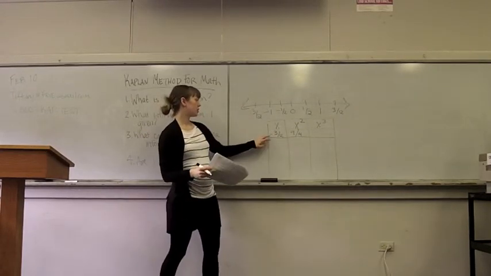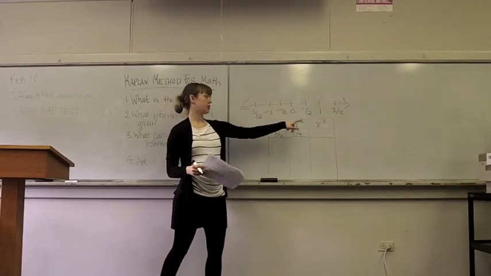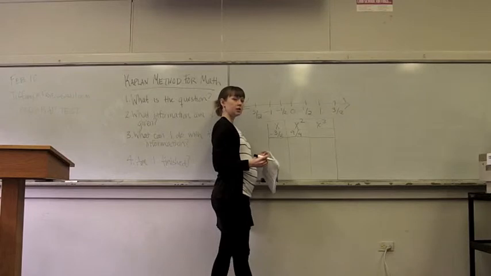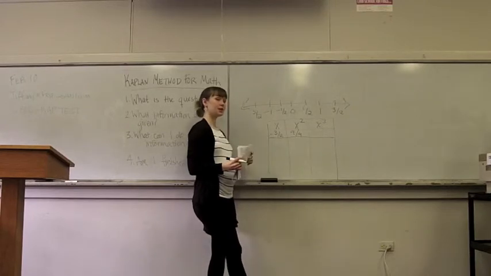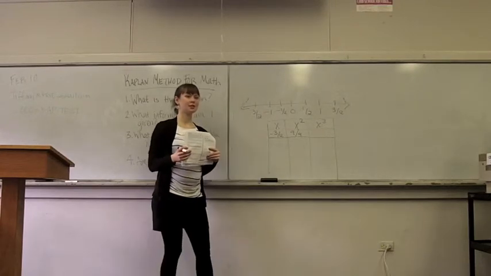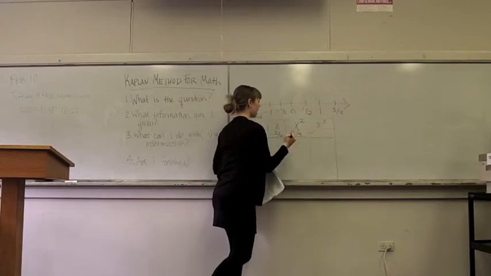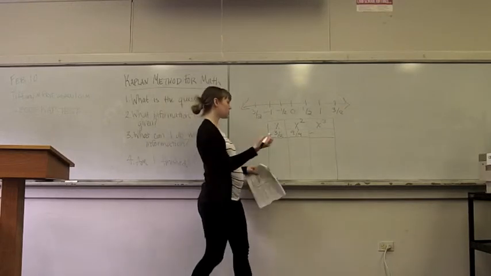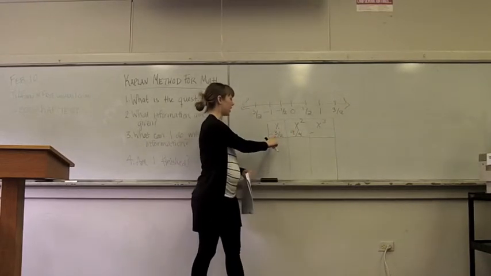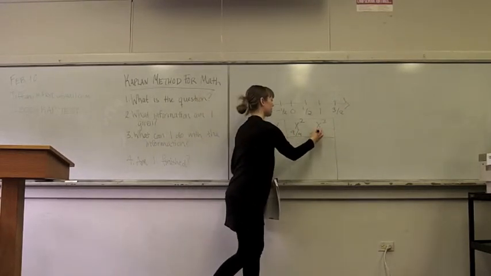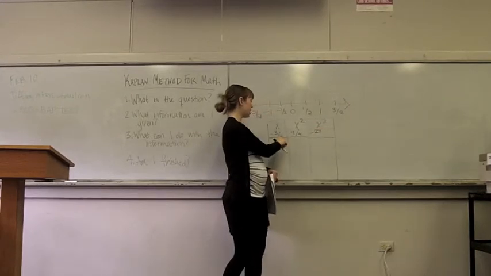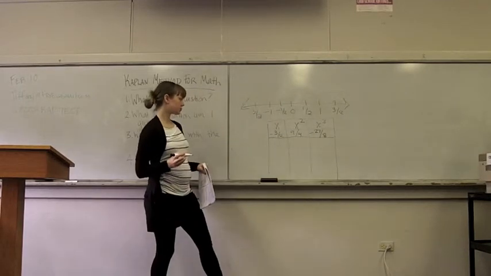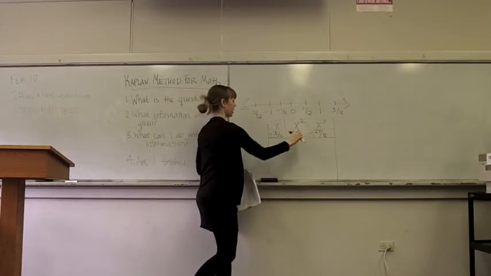Sarah M., if we raise negative 3/2 to the third power, would it be positive or negative? Negative, yeah. And Sumia, what would we get for that fraction? 27 over 8. We're getting that by saying 3 to the third, which is 3 times 3 times 3, 27, over 2 to the third, 2 times 2 times 2, which is 8. So we've got this flip-flop thing going on here.